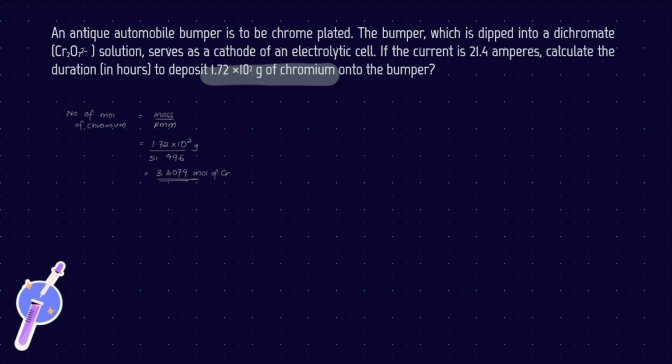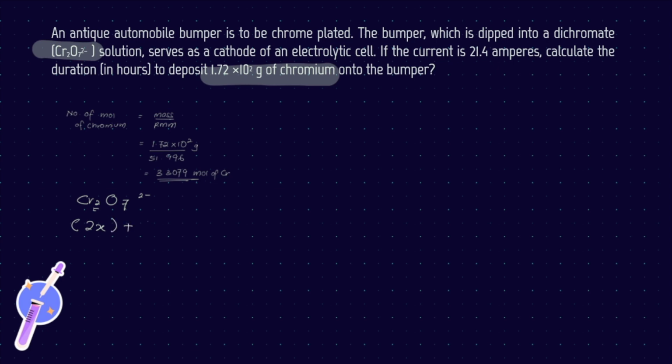From the question, you're already given the formula for the dichromate, so you have Cr2O7 and the charge is negative 2. You don't know the oxidation number of chromium, and since you have 2 here, it's going to be 2x.